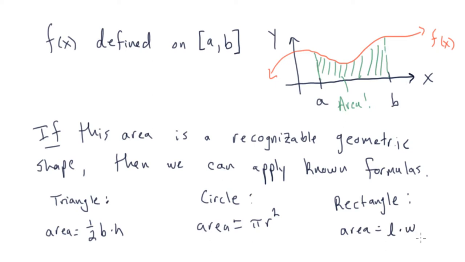I'm not going to list out all the possible geometric formulas that we may run into, but the point is that in some special cases, we can already solve this problem. If we recognize the graph of the function as being the boundary of some geometric shape or some union of geometric shapes, then we can just use our known geometric formulas. Where it really gets interesting is when our function does not fall into one of these categories.